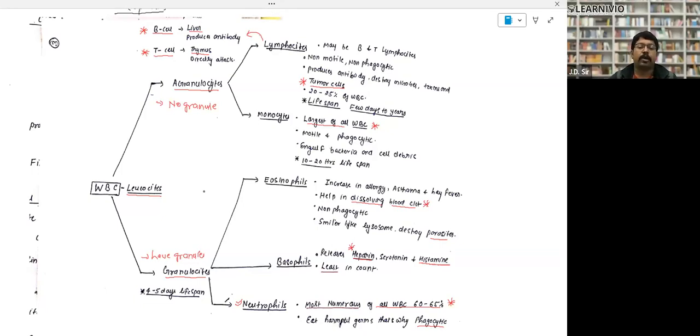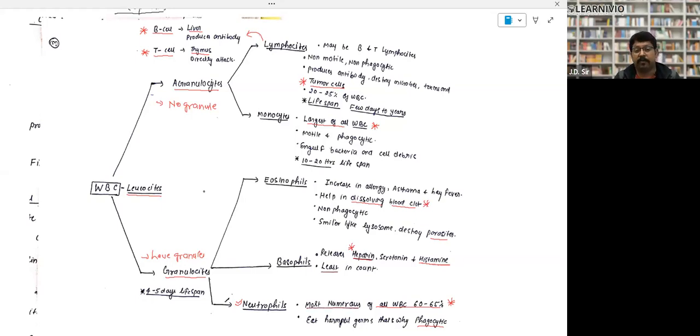They are non-motile and non-phagocytic. Non-motile means they cannot roam from here to there, right? And non-phagocytic means they do not eat germs or bacteria. Rather, they kill them with the help of antibodies. They produce antibodies and destroy microbes, toxins and tumor cells. That is important.